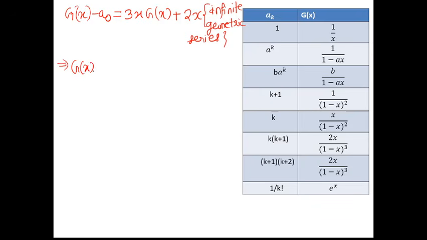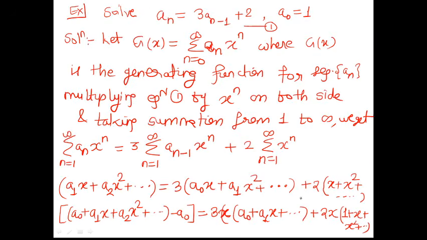So it is g of x. a0 is given as 1, equal to 3x g of x plus 2x, and then what we find here is the formula for an infinite geometric series: first term a upon 1 minus r.